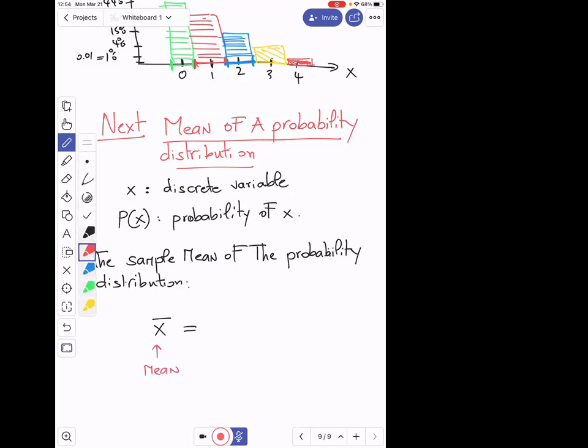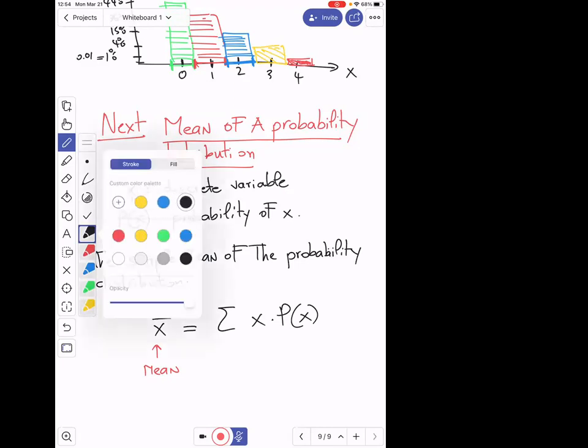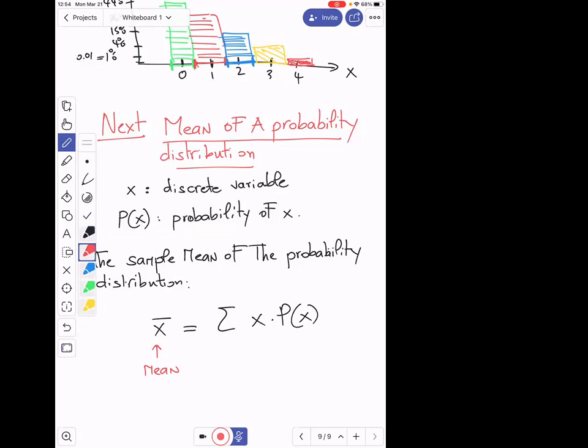X bar is going to be equal to the sum of x times P of x. So you multiply each value of x by its corresponding probability, right? Here x is your variable, and P of x is the probability of x.